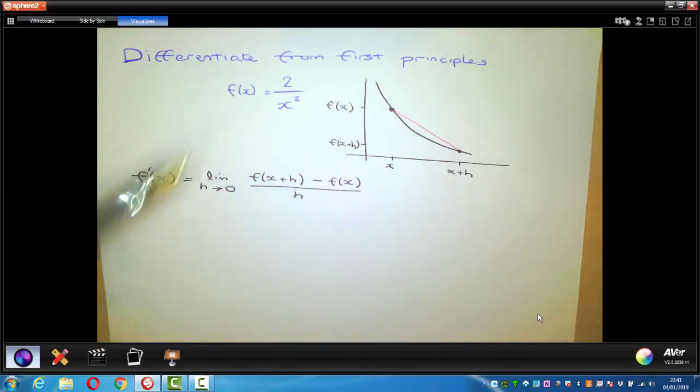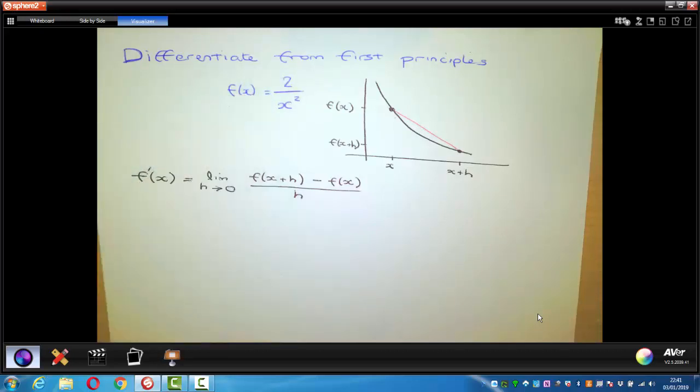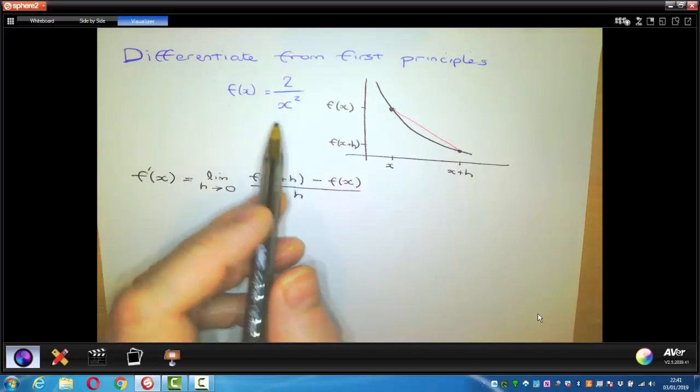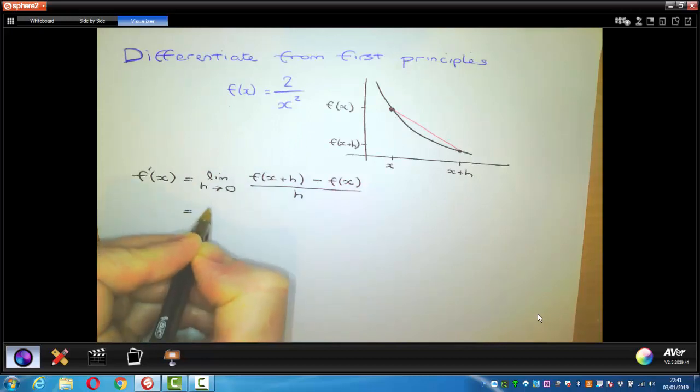Well, let's see what happens now for our function here, f of x being 2 over x squared. The function is 2 over the square of the input. So, with the particular case, f of x is 2 over x squared, what do we get?